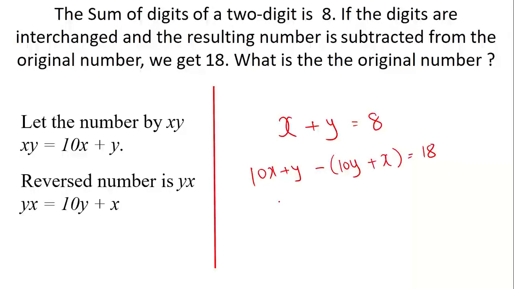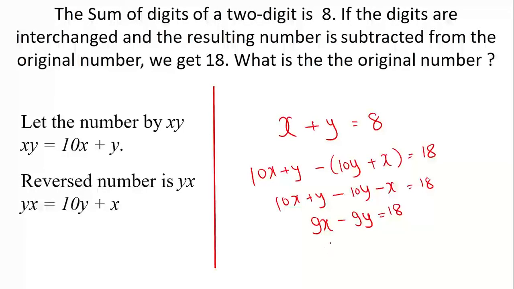Solving this, 10x plus y. Now if I open the bracket, minus 10y, and minus 1 into plus x is minus x, which is 18. So 10x minus x is 9x, plus y minus 10y is minus 9y, which is equal to 18.